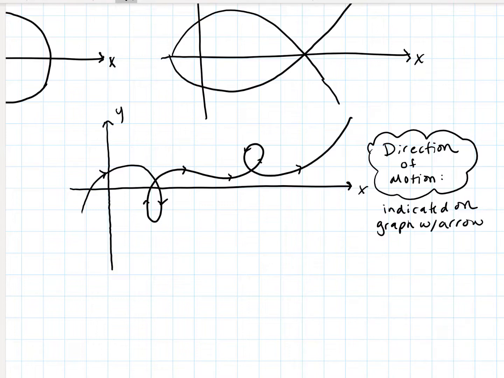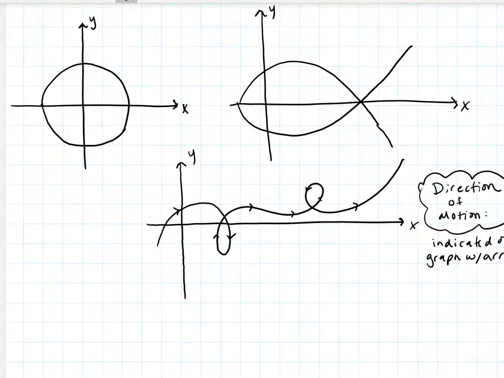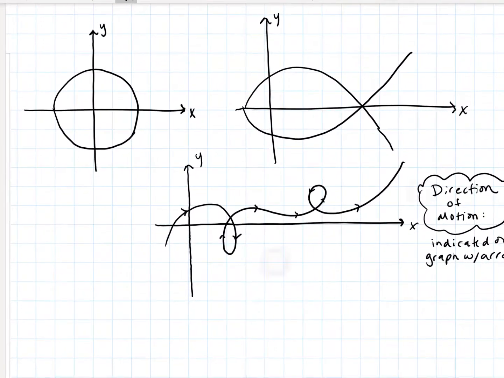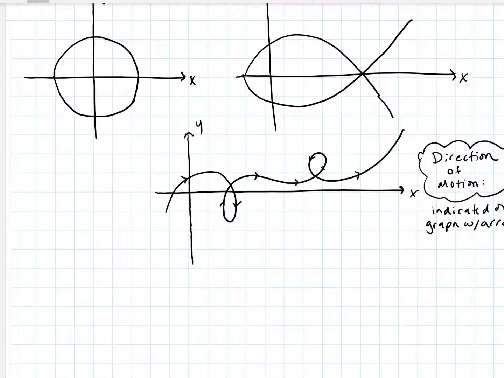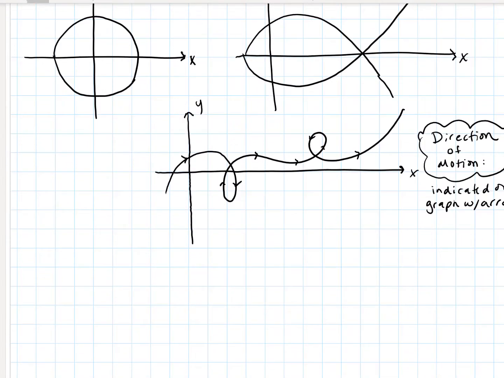So how do we capture this without having to break each of these curves up into little pieces? Because in order to talk about them as actual functions of x or y, we'd have to break them up into piecewise functions, look at each piece on certain intervals, and in order to get that direction of motion, we'd have to add in a third part, a parameter.